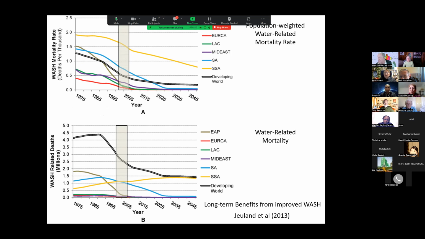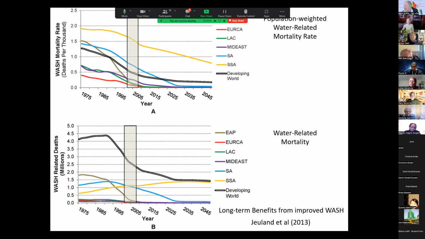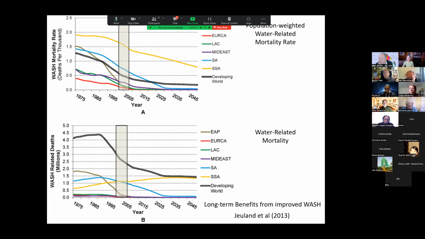Remember all those hockey stick curves I showed you? Population, water use, everything was the hockey stick. This should look like a hockey stick, but this is a success story of political will, where in the case of drinking water, we did not follow the hockey stick, which means if we have the political will in other areas, we can do it there too. We're not, for example, with energy and economic development.